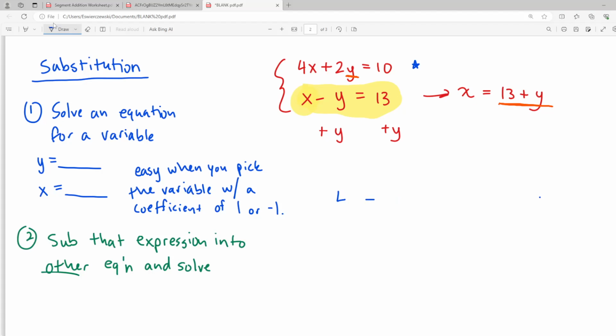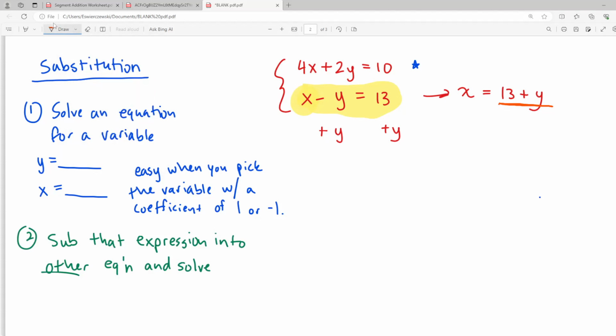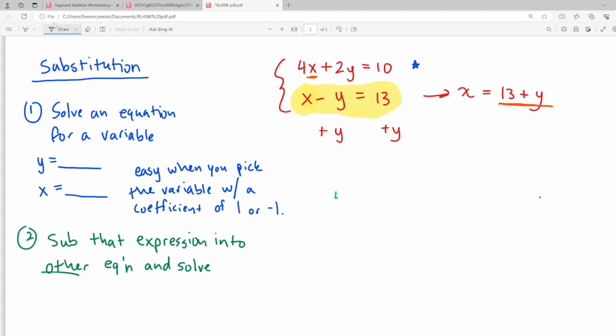I'm sorry, I messed up. This is what x equals, so my bad. If you're a little confused, you're plugging this in for x, because that's what x equals. So 4, and now I see an x, so I will plug this in: 4 times (13 plus y), plus 2y equals 10.